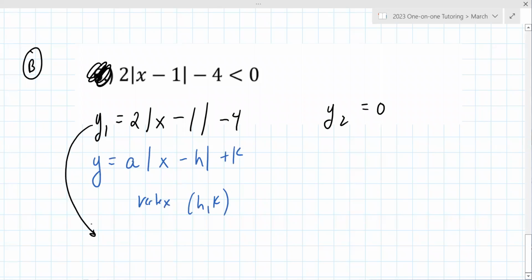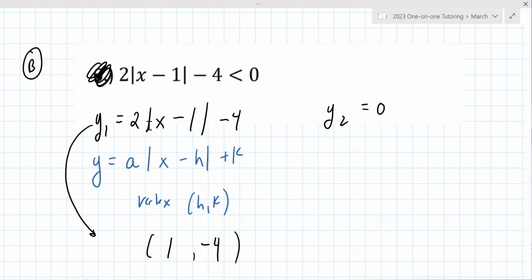So what is the vertex for yours? What's h and what's k? -1, -4. So I agree with the -4. H is just 1. It's typically the opposite of what you think. Now, the value of a tells you whether this opens up or down. Does this one open up or down?